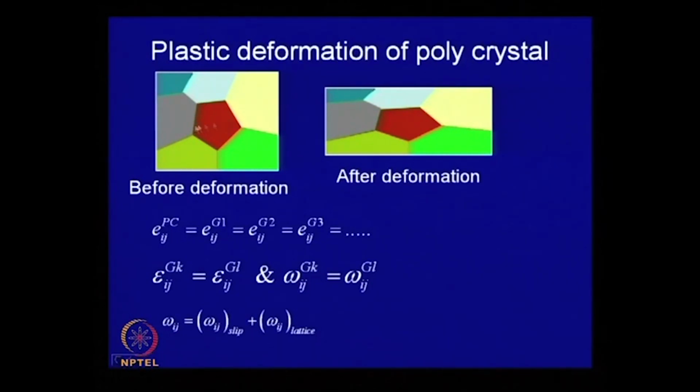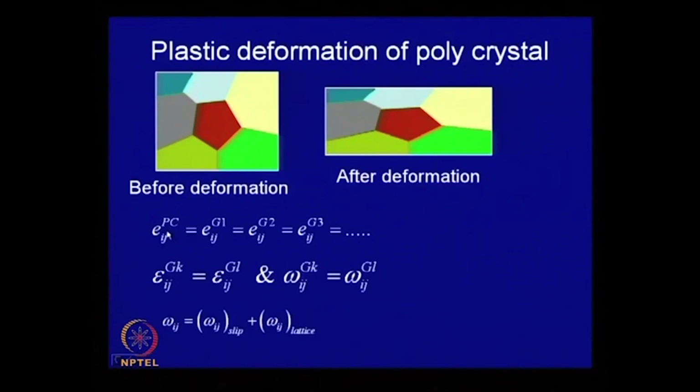Each crystal has a different orientation, but the net displacement vector, which represents the change in shape, must be the same for all crystals, which is shown mathematically here. This is the displacement vector for the overall material, that is the polycrystal, and this is the displacement vector for grain 1, and this is the displacement vector for grain 2. They must be equal, and how can this happen?